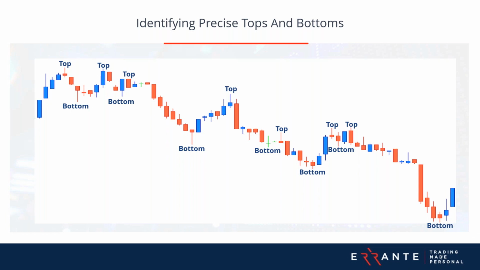So if, for example, you're looking for a good entry point to enter this trend, you can wait for the breaking of each market bottom as a support level, or you can wait for the market to form a new top. So you can open a sell position at the higher price and you can expect more profit as long as the trend is intact to the downside.